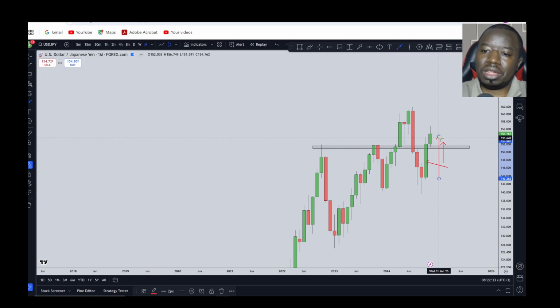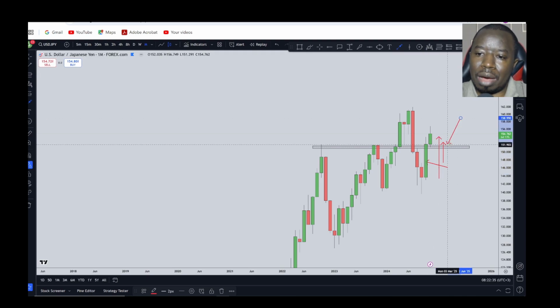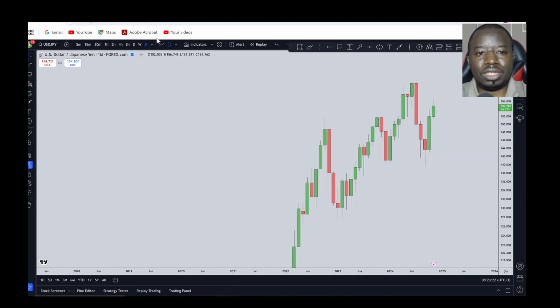And so the fact that price was able to break and close above this resistance informs us that the structure of the market currently is bullish as far as the monthly time frame is concerned. Also, notice the fact that price formed support here, and every time it comes to this level, it rejects it. For example, it was rejected here.